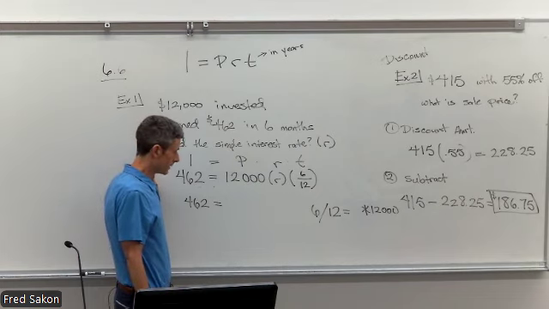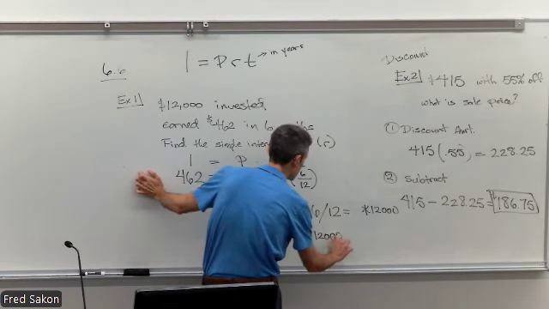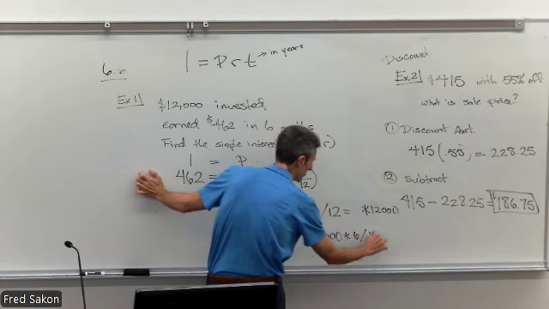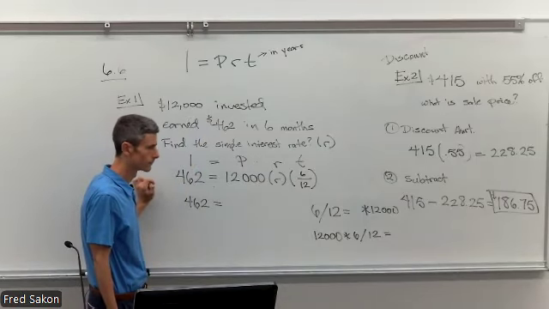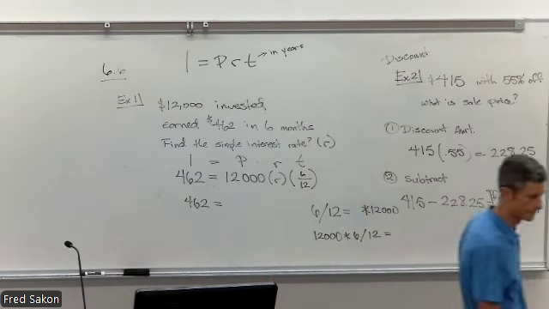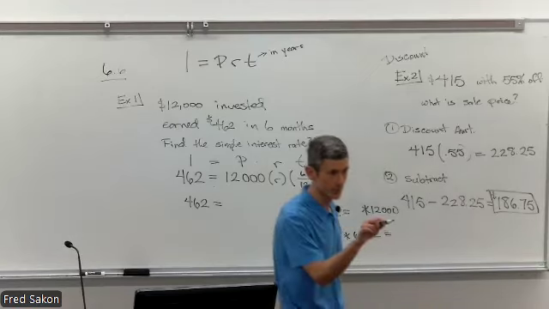You can also do 12,000 times 6 divided by 12 equals. What did we get? So Jackie got 6,000. Is that what you got, London? Good.